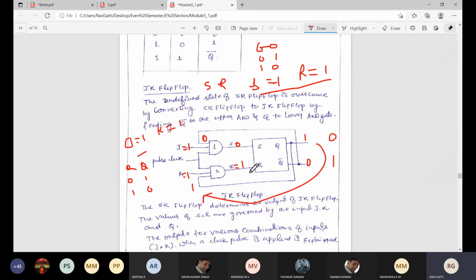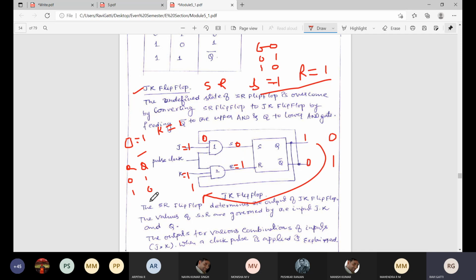This is the difference between the SR flip-flop and the JK flip-flop. The SR flip-flop and JK flip-flop are both the same for S is equal to 0, R is equal to 0, and the 0 1 and 1 0 conditions. But in the SR flip-flop, for S is equal to 1 and R is equal to 1, it is an undefined condition, whereas in the JK flip-flop it is a defined condition.